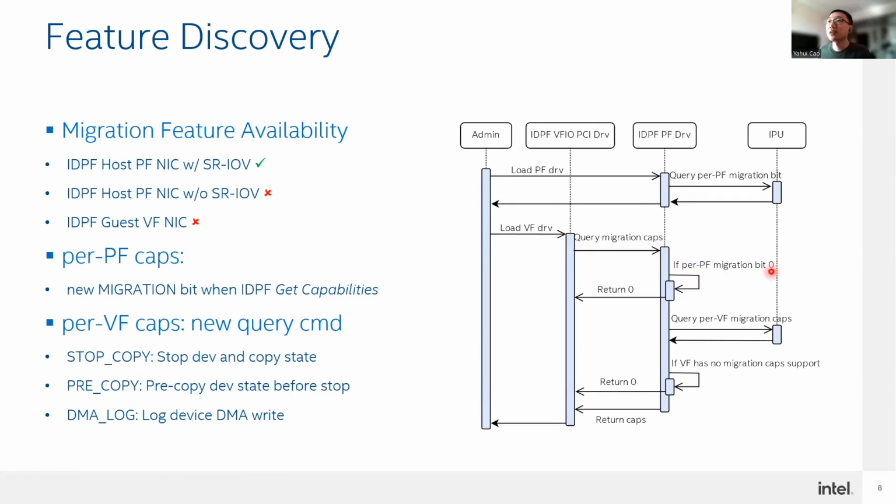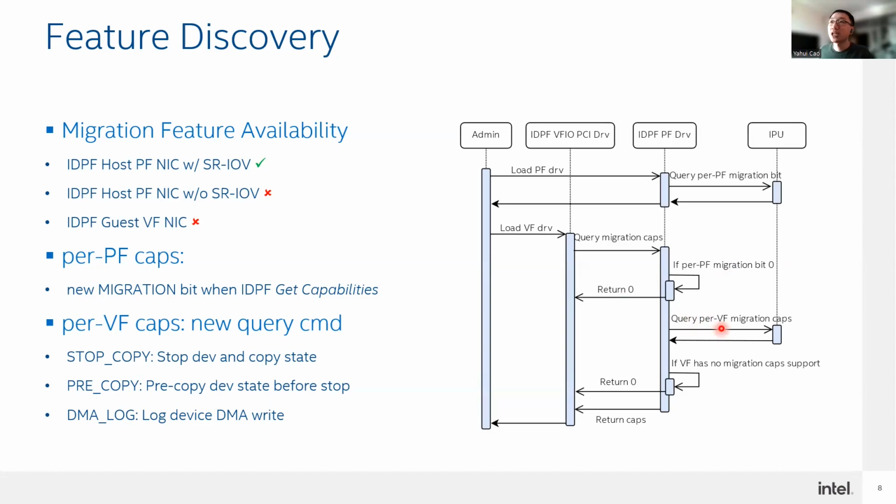If it is 0, which means the PF itself does not support migration, then we just return 0, telling that we are not supporting any migration capabilities. If the per PF migration bit is 1, then we will continue to query what the per VF migration capabilities are.